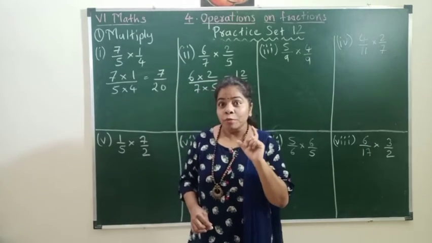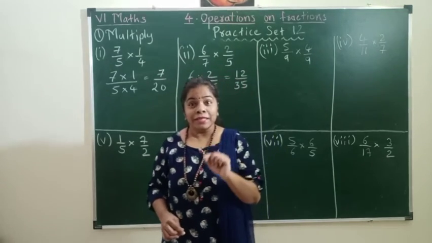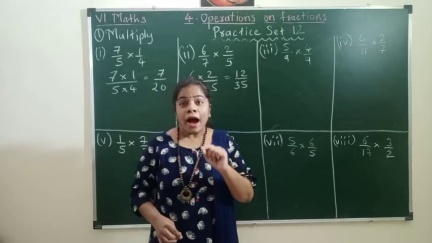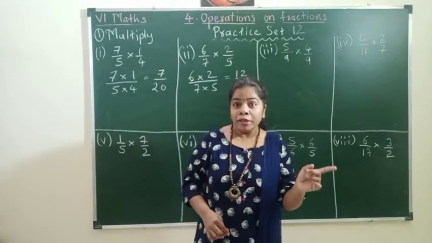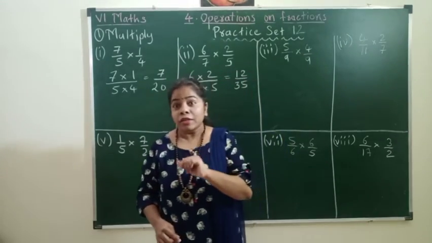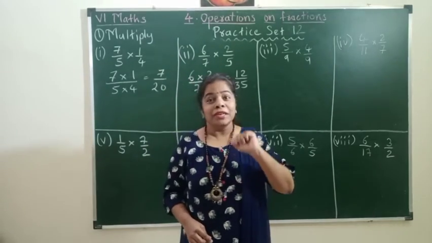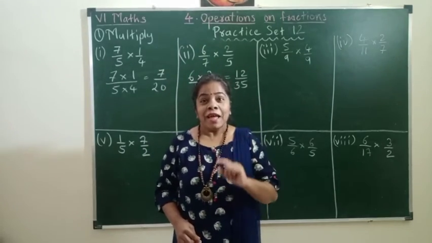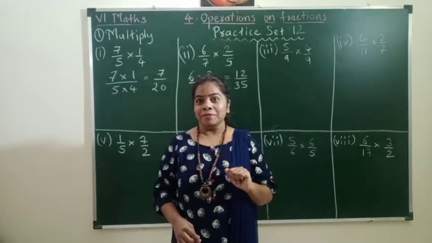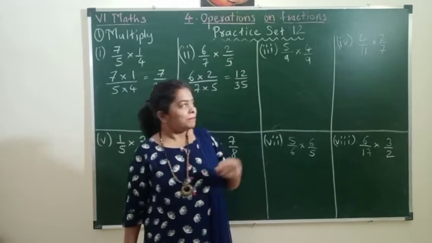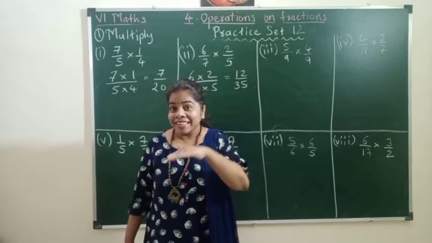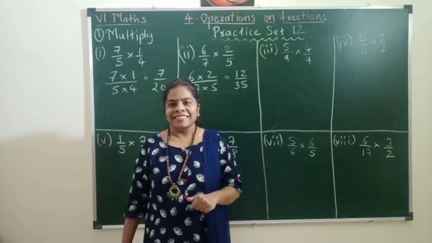Children, are you observing? When I am seeing the numbers, I am always seeing one numerator and one denominator. I am not seeing both numerators or both denominators for cancellation because that's not allowed. That is why I did not see 9 and 9, children.